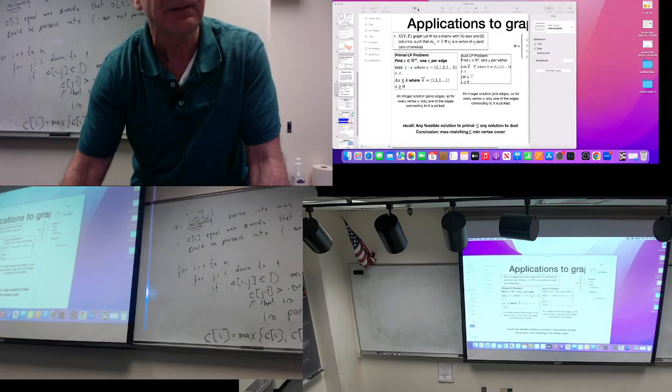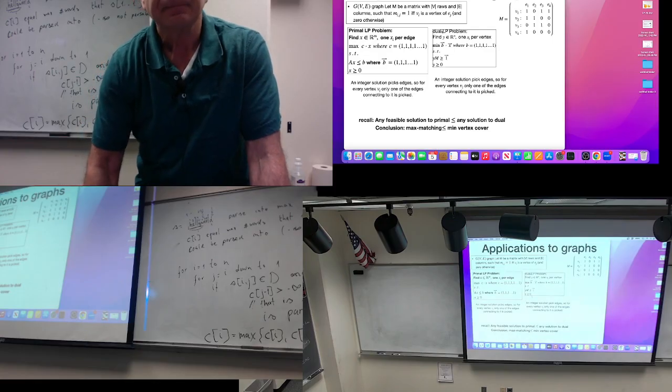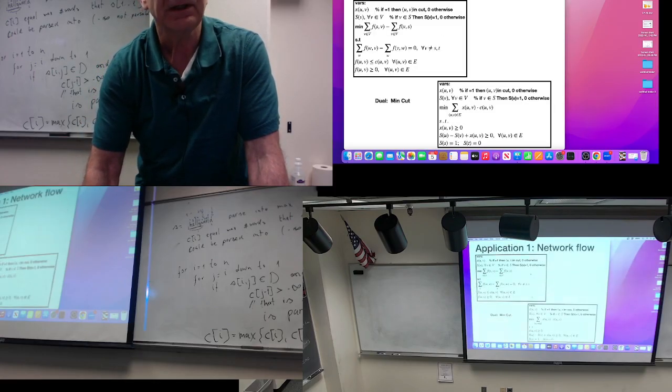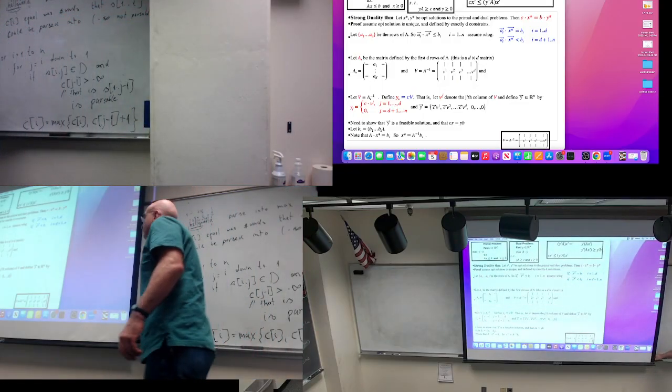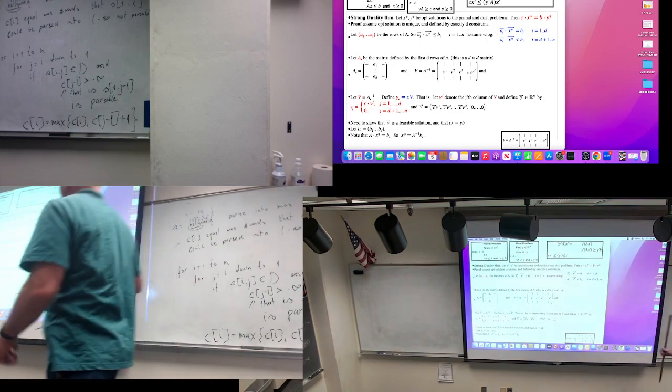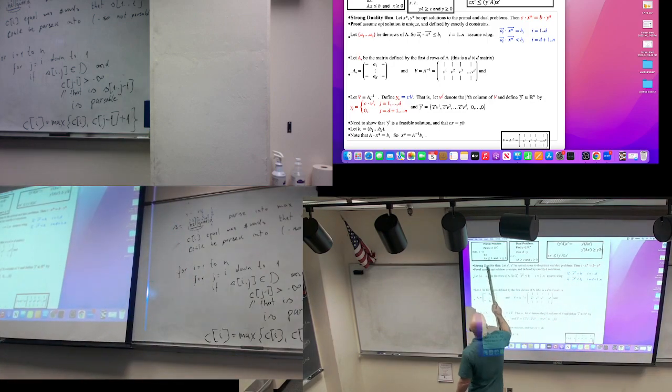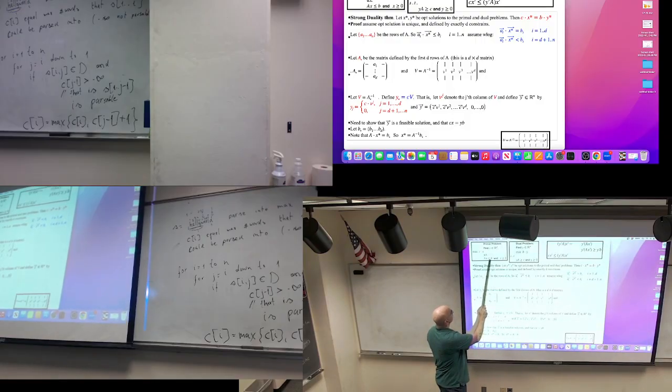Let's continue with primal dual in LP. Just to remind everybody, we had a matrix A. We looked for a solution to the problem: maximize C times X, where C is another vector given to us, such that AX is smaller or equal than B. It's smaller or equal between vectors here, obviously.